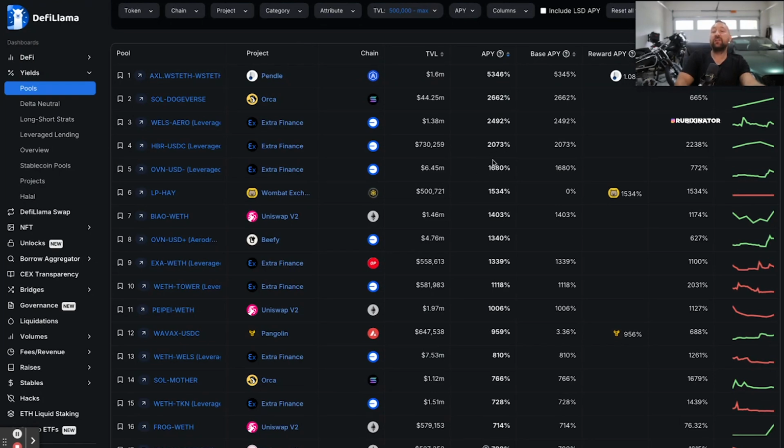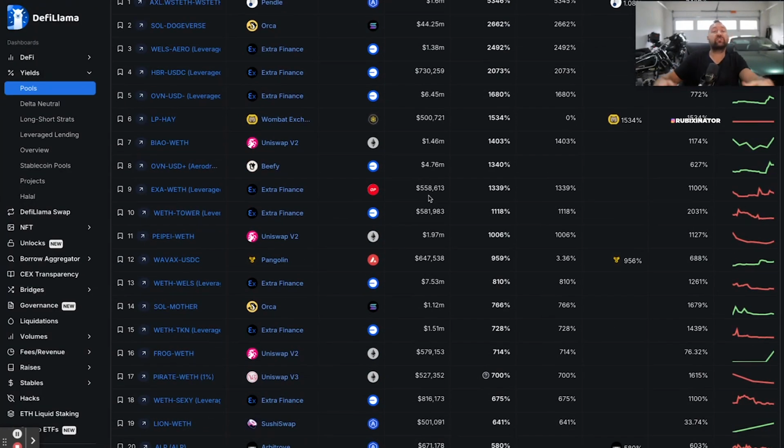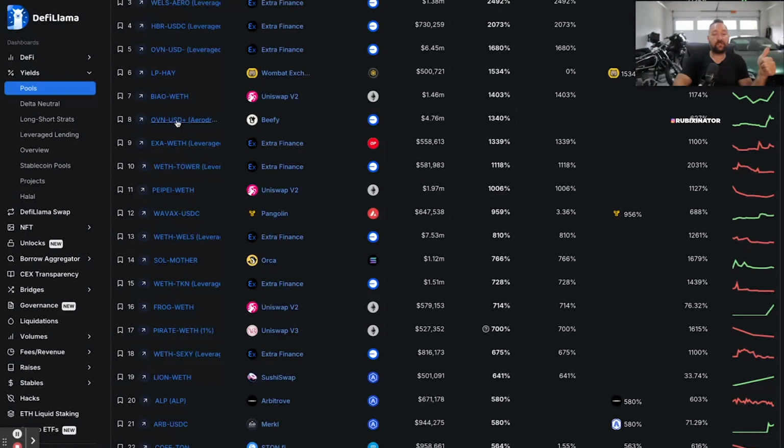1,600%, which is a little overinflated based on what we were getting. But right now, again, with more volume flowing around the USD plus and OVN, because of the recent dip and because of the recent increase in volume, both up and down, yields have skyrocketed. We've been earning some awesome money on OVN USD plus. And this is a way where you can start your research. You can open up a spreadsheet and say, okay, I'm going to investigate this one.